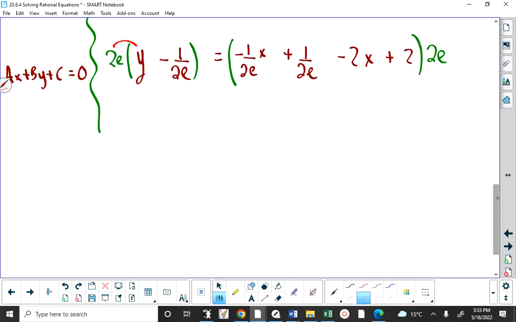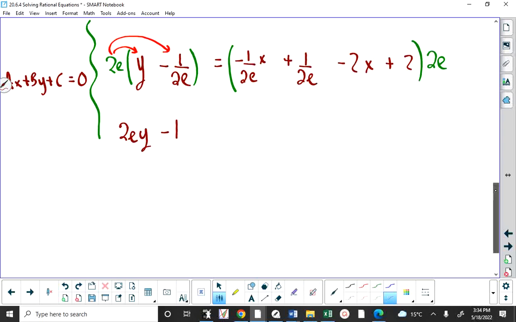I'm going to go 2e times y and 2e times negative 1 over 2e, which gives me 2ey minus 1. I also need to multiply the 2e here by everything in the brackets.